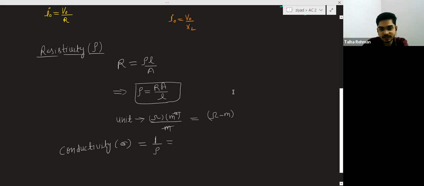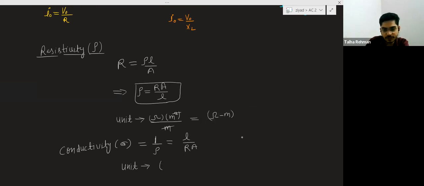So now resistivity is this. Do the reciprocal of this, you will get L by RA. And what will be the unit? If I am talking about the unit of conductivity, then do the inverse of this unit. So the unit will be ohm inverse meter inverse.